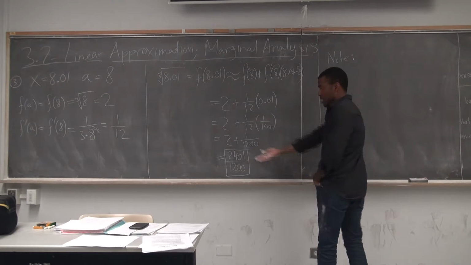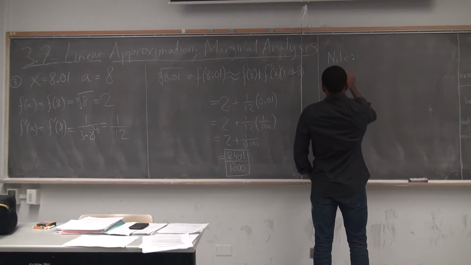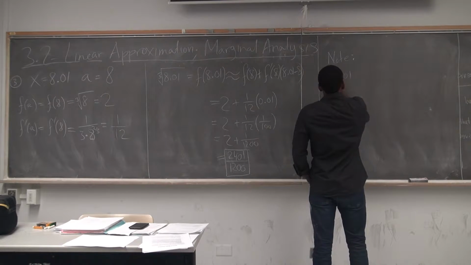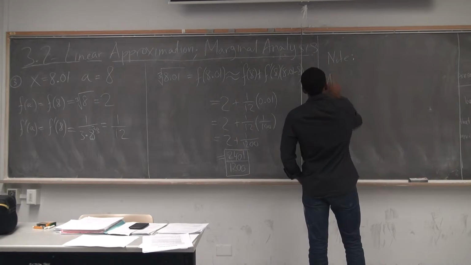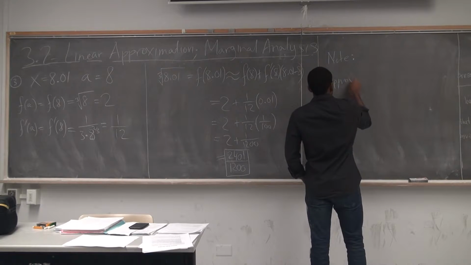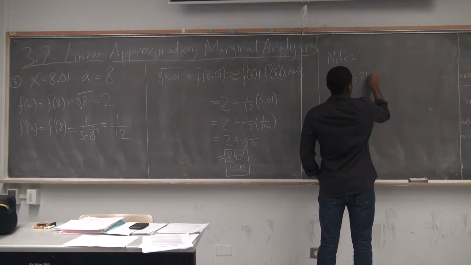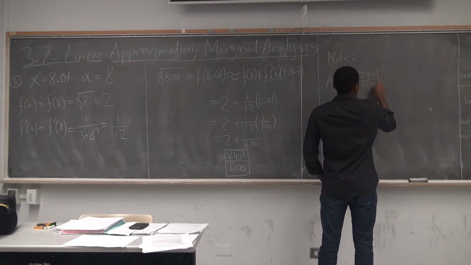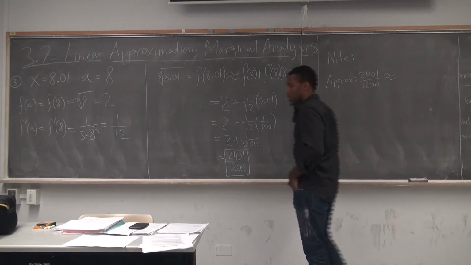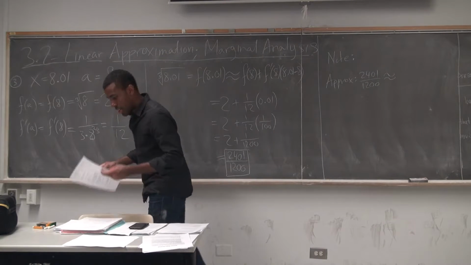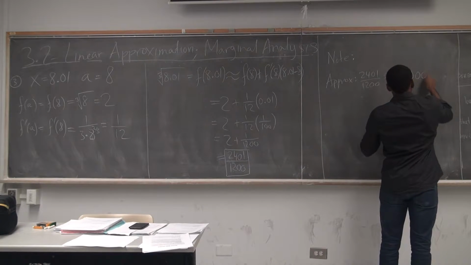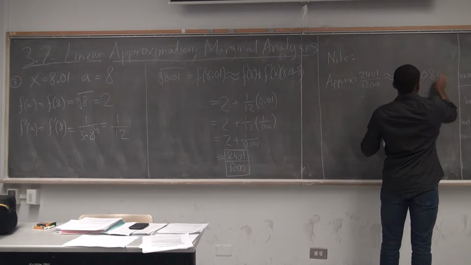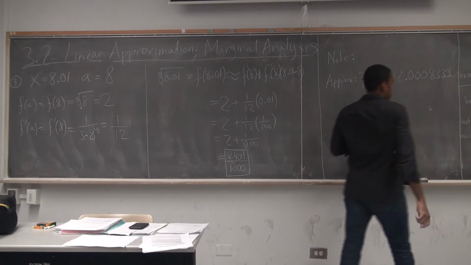This is just for fun. This is where you'd stop on the test. You wouldn't be able to do this. But your 2401 over 1200, which is your approximation, is actually almost, if I figured out what that is, I would get 2.0008333, and the 3's will repeat forever.